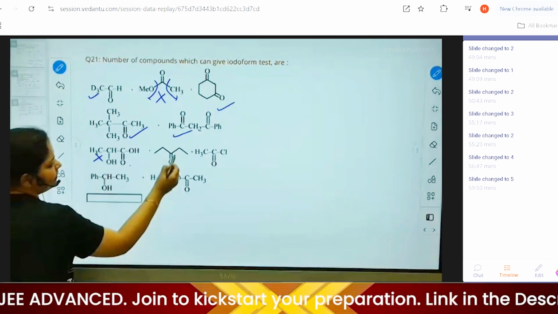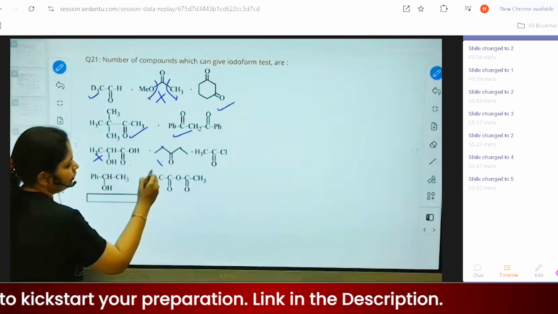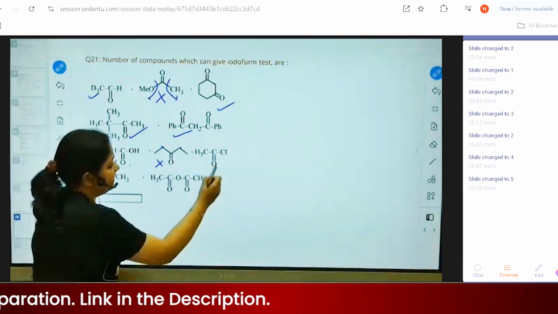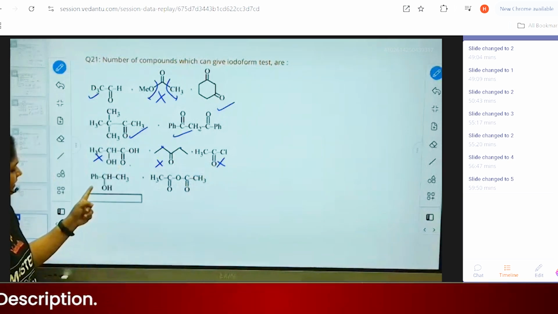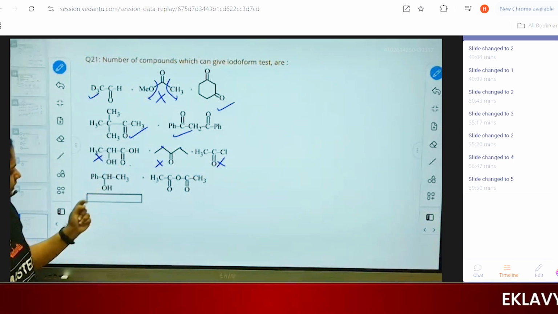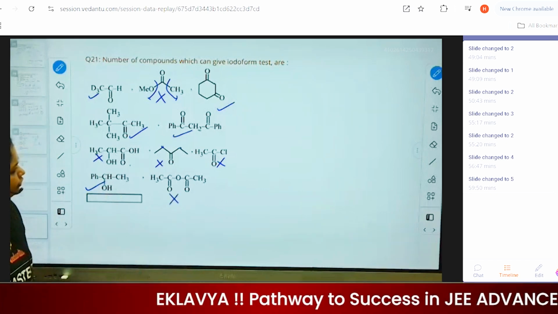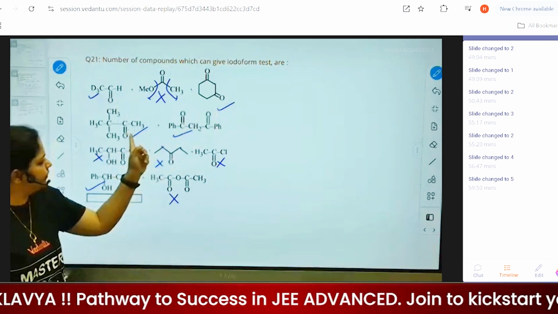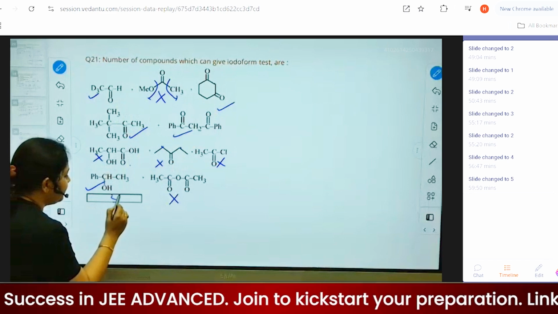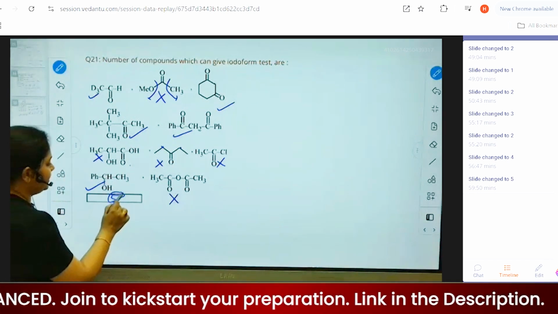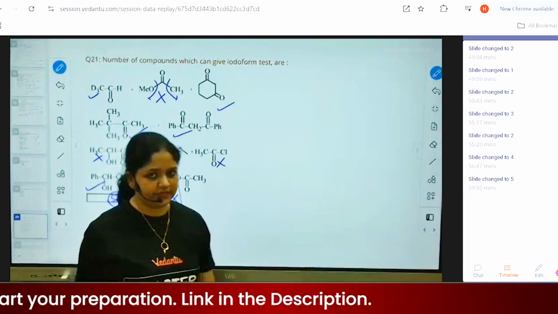In this one, see, this is CH2. No. This is again an acid derivative. No. In this PhCO, yes, this will show. And in this one, this will not show. So total of 1, 2, 3, 4, 5. Remember one thing, what is the necessary condition for this? Presence of methyl ketone.